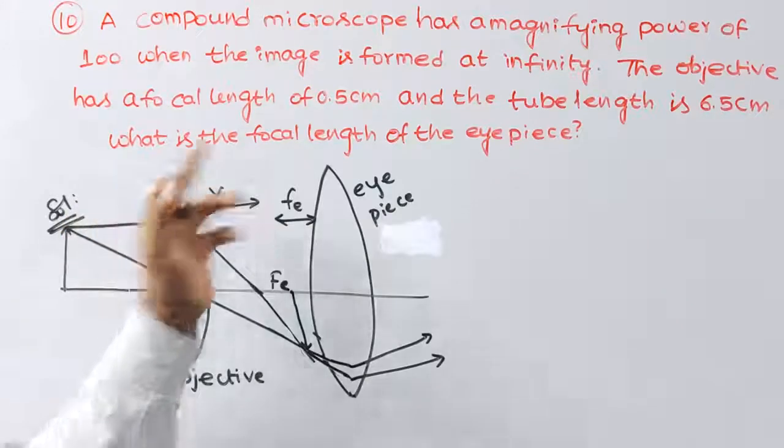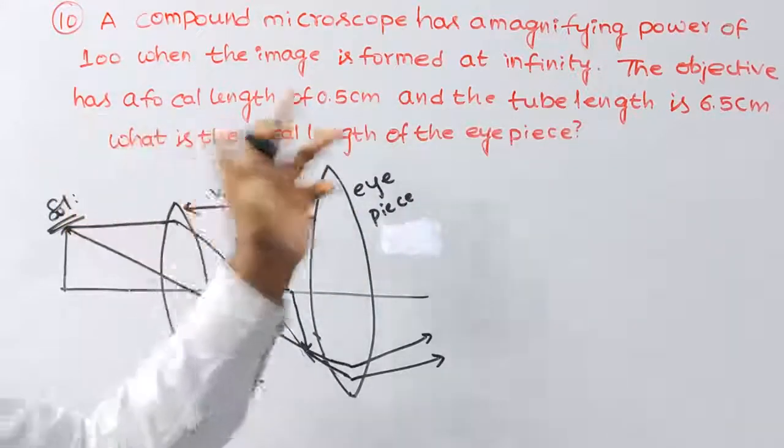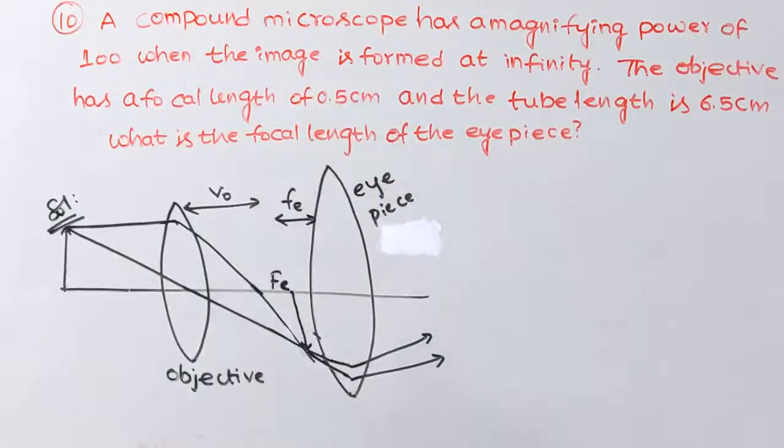In this problem, the objective has a focal length of 0.5 centimeter, so FO is equal to 0.5 centimeter.